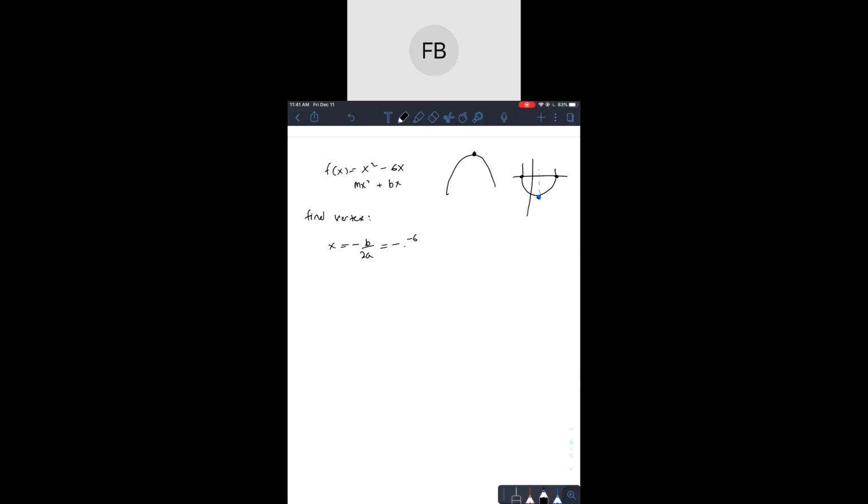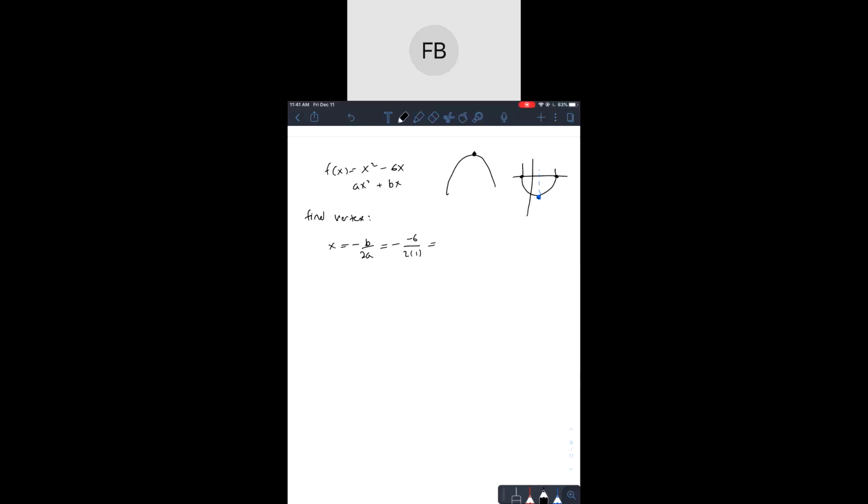So b is -6, and that is over 2 times a. This is a, okay, and a is just 1. So calculate all that.